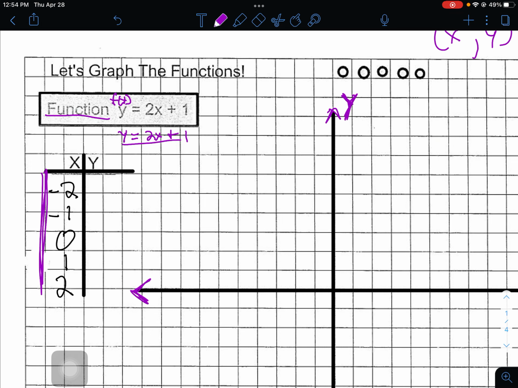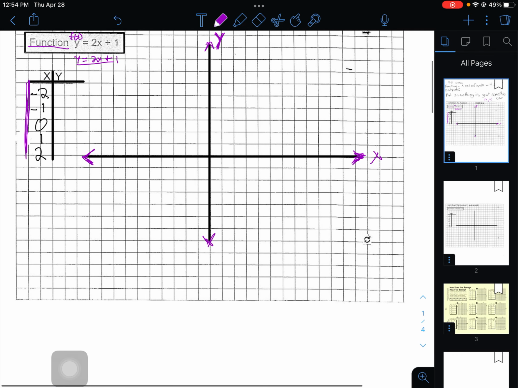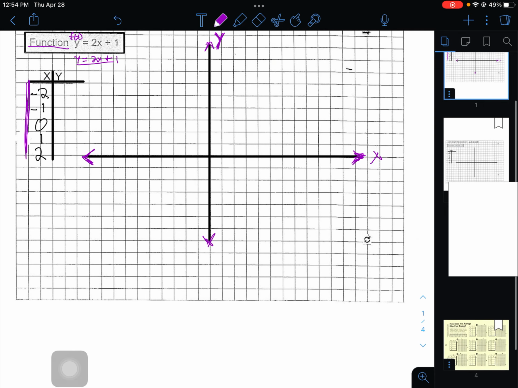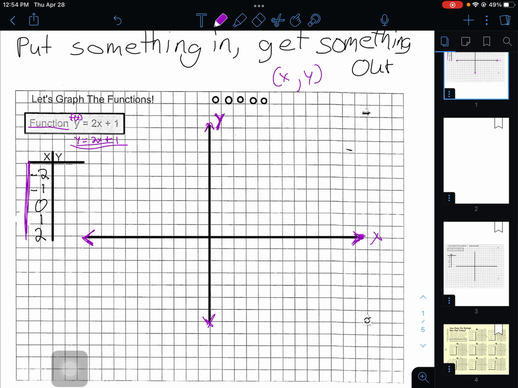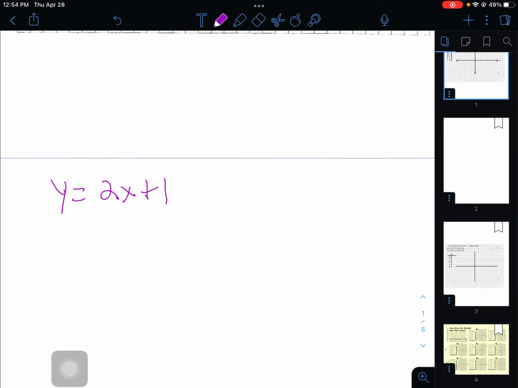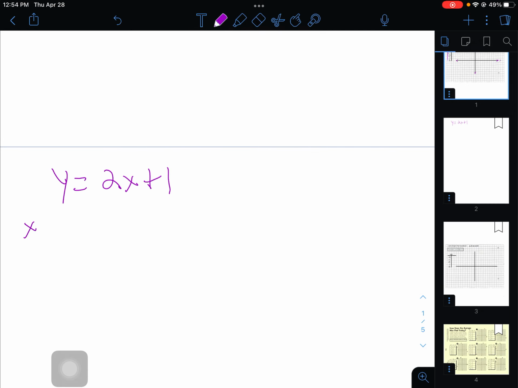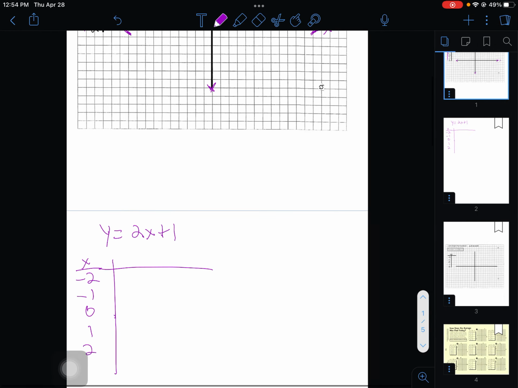I have a list of x's I want to try, the first of which being -2. I'm going to quickly add an extra page here just so we can do our work. I'm going to copy down our function, y equals 2x plus 1, and we need to use x when it's -2, -1, 0, 1, and 2. Those are the numbers we are going to try out.